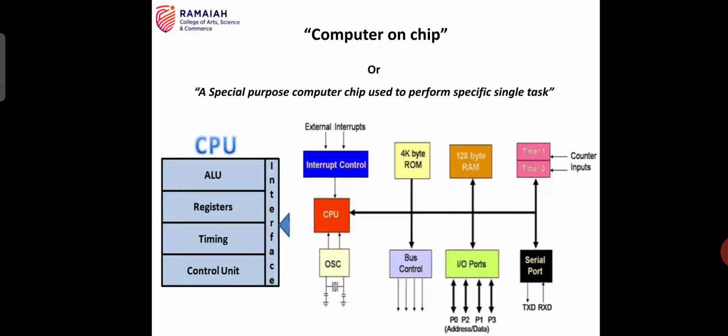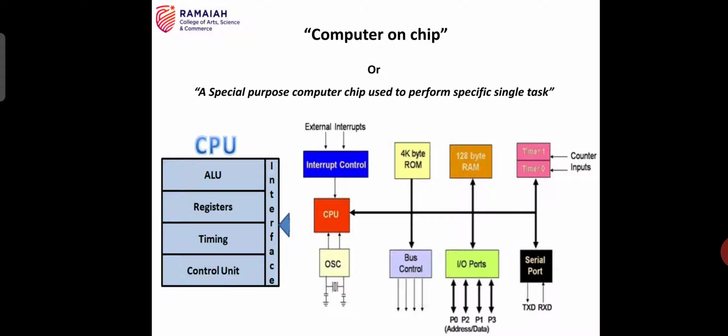Including the CPU, inside an integrated chip, there are some peripheral devices like a small amount of memory, RAM and ROM, the timer circuits, serial ports and IO ports, the bus controller, interrupt controllers and oscillators, which we can observe in the general block diagram of the microcontroller.